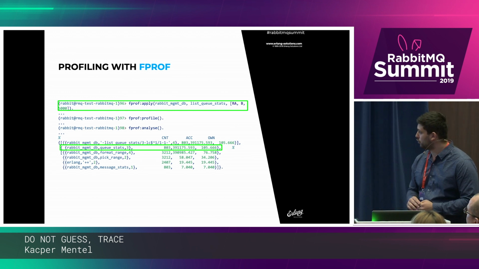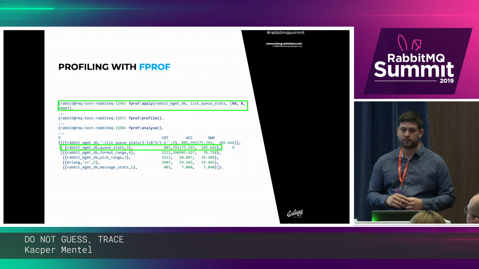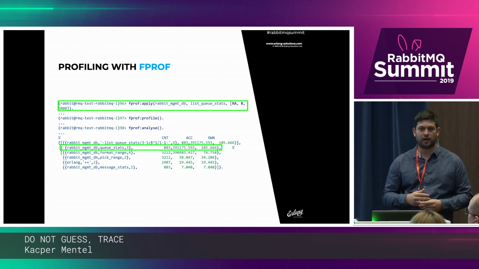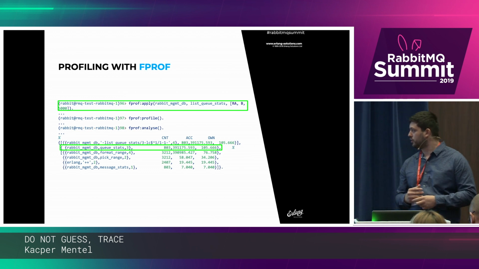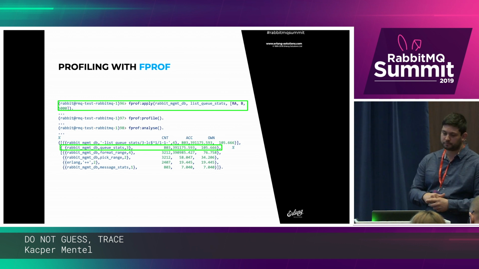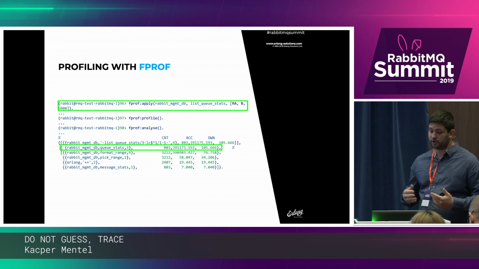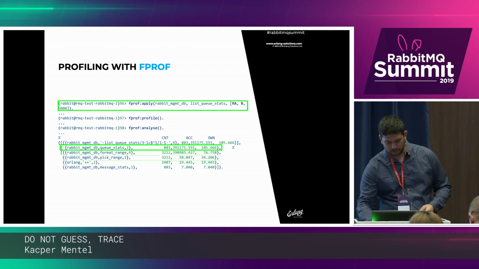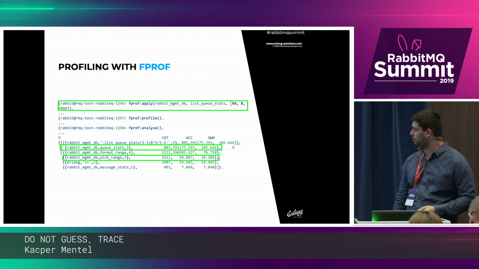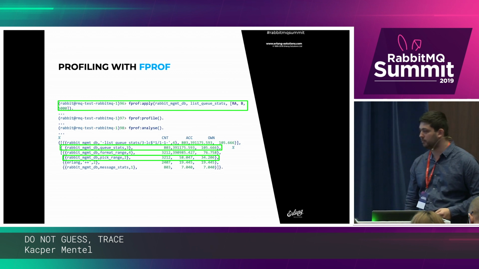The third column, ACC, shows total execution time of a function expressed in milliseconds. So, for example, total execution time of the pigrange function equals 58 milliseconds.